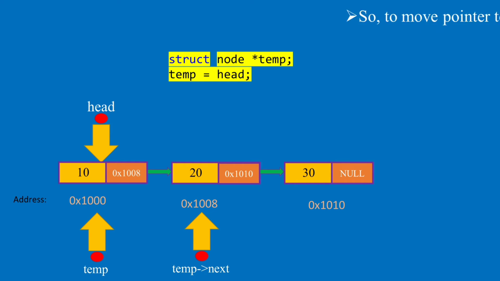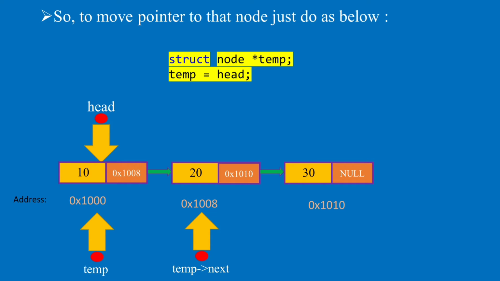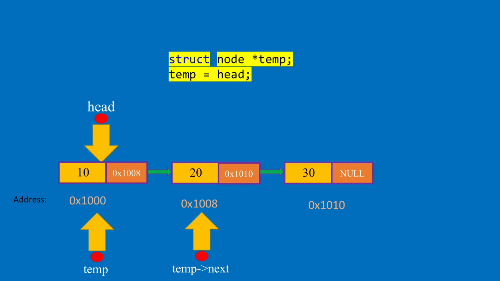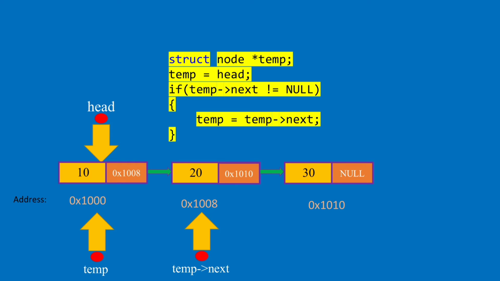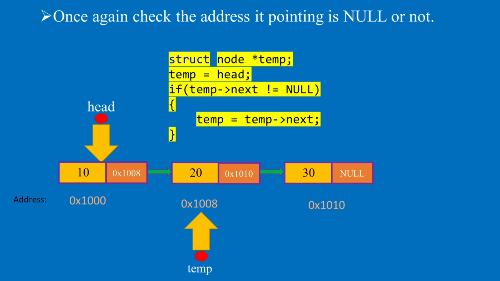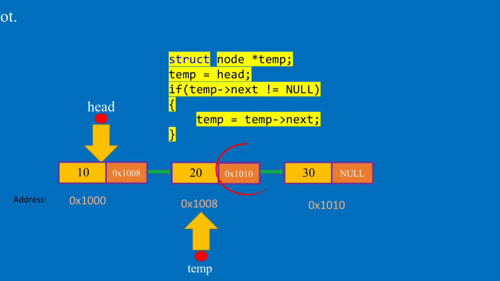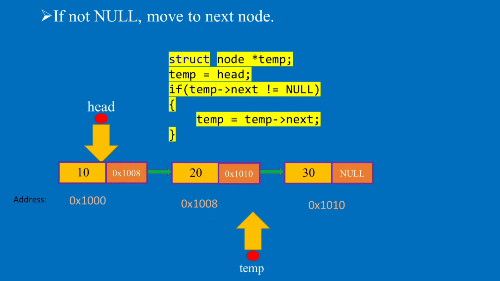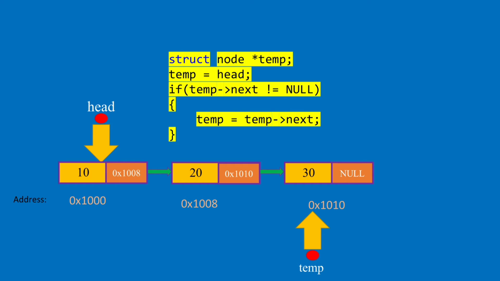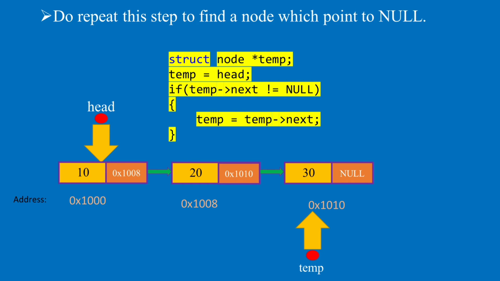So, to move the pointer to that node, just do as below. Temp equals temp pointer next. Once again, check the address it points to is null or not. As address field of second node is not null, move the pointer to next node. Do repeat this step to find a node which points to null.